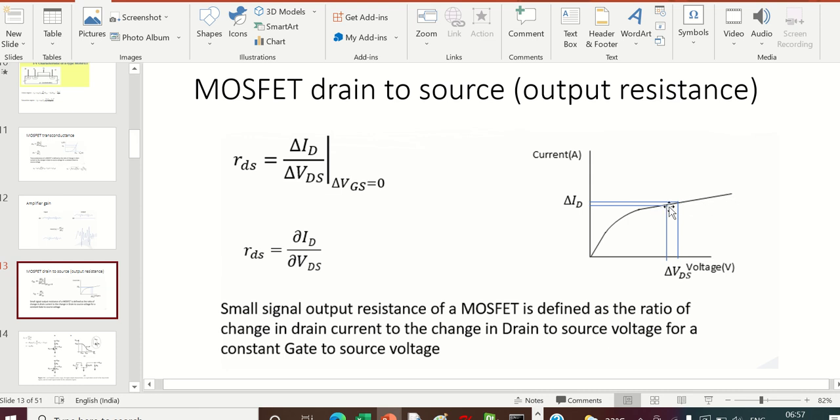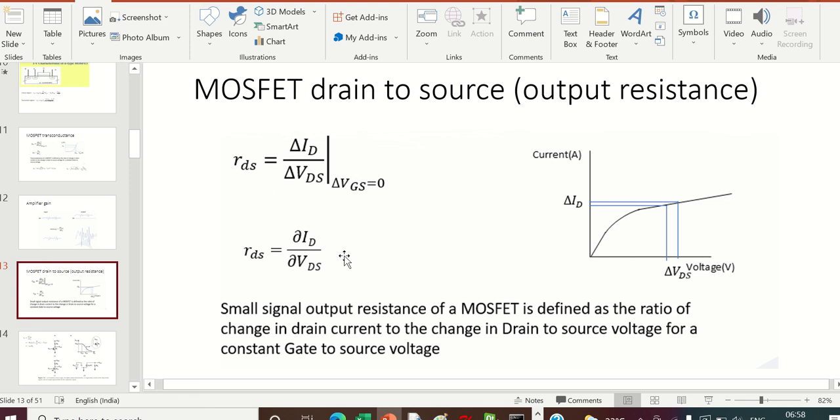If this is becoming straighter and straighter, then this point will go farther and farther. If the slope is almost zero, that means our resistance is very high. It will act like a current source, and this resistance RDS will be very high.